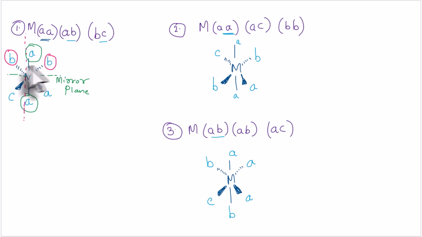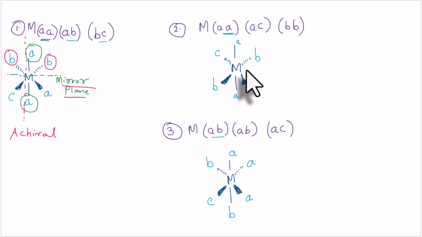In the horizontal axis we also get the reflection of the AA ligands. That is why it has a plane of symmetry, and that is why this molecule is achiral.